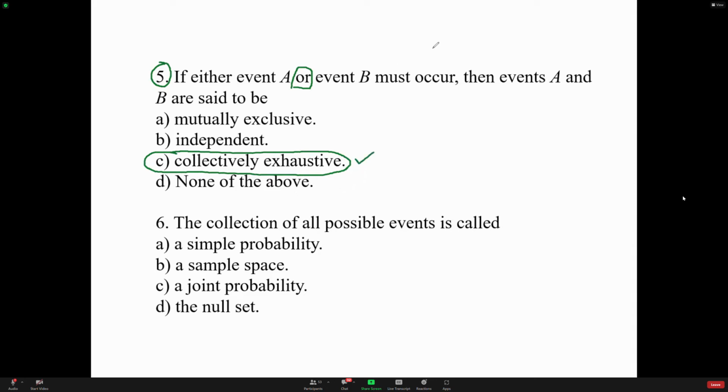All right, let us move to question 6 then. The collection of all possible outcomes or possible events is called what? Yes, that's right. It is a sample space. So it is the definition of sample space.